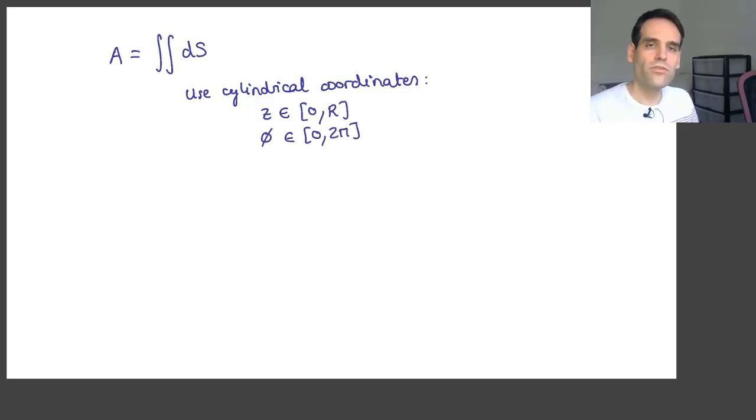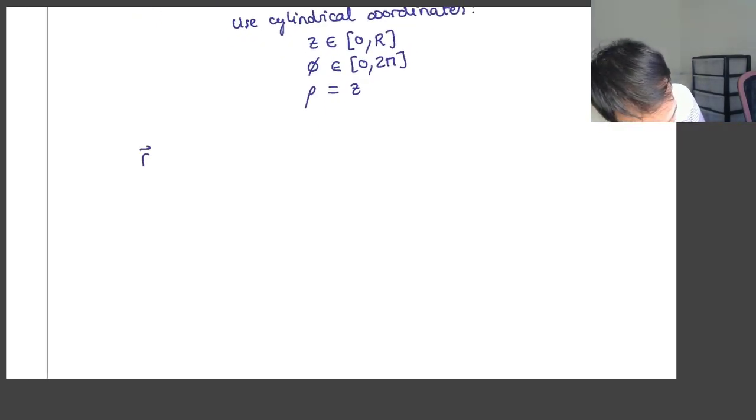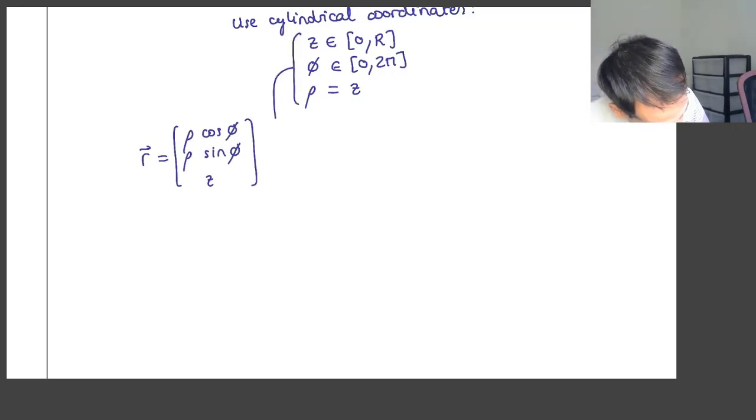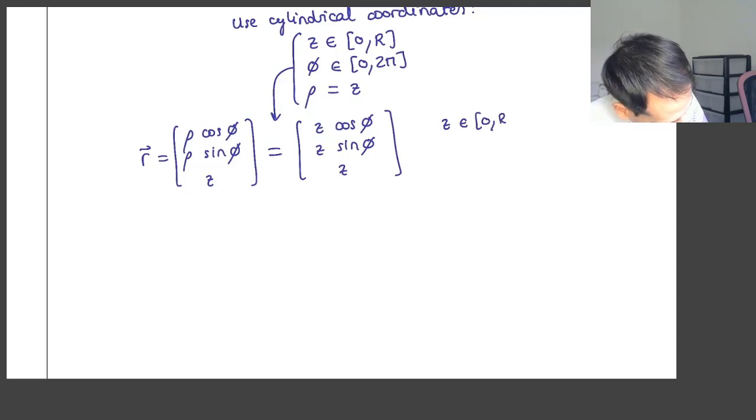Those can be our two parameters, while rho is kept equal to z. Okay? So if we substitute into the general equation for cylindrical coordinates, what we get is z cosine phi, z sine phi, and z, and we are changing z between 0 and r, and phi between 0 and 2 pi.